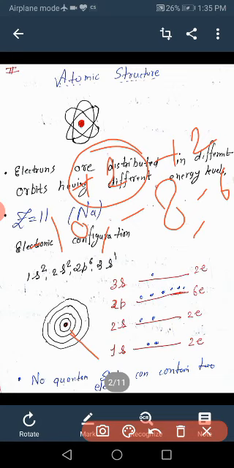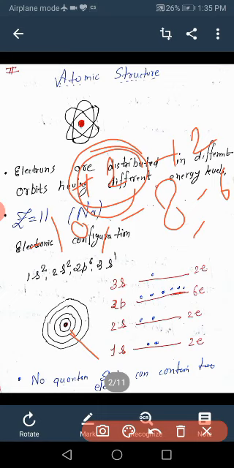There might be uneven steps, but a step is required. If by some external source, by some light or some heat, I am providing energy less than plus 2, it will not accept that energy, and it will not jump to the next orbit.